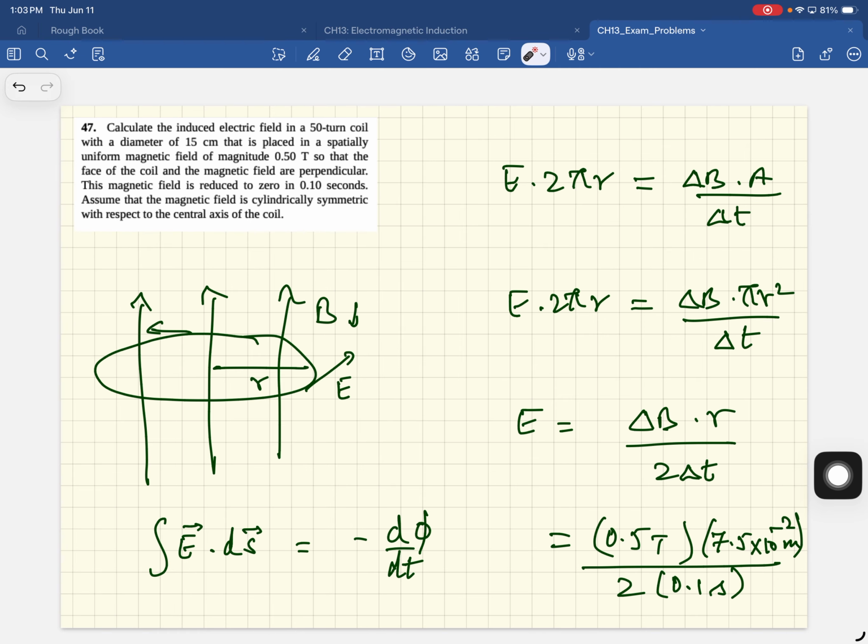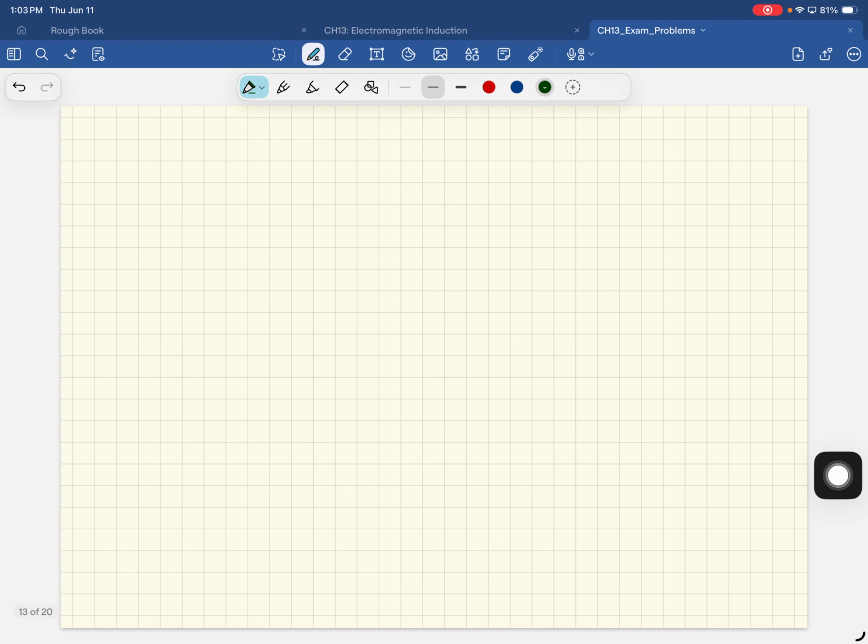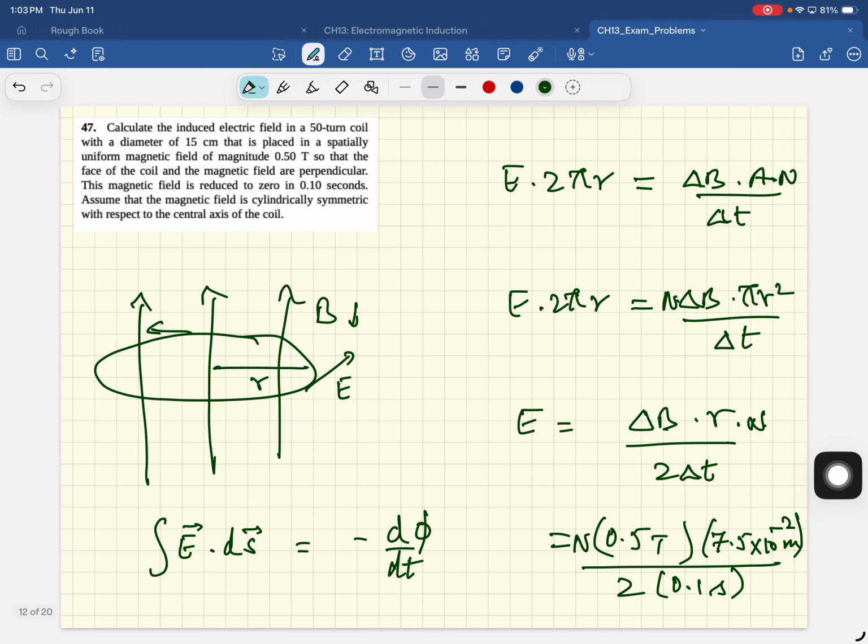Now I'm going to draw a separate diagram. So now let's have a ring here of radius r, and there's the magnetic field. As the magnetic field is increasing, the induced EMF is such that the induced current is in this direction.